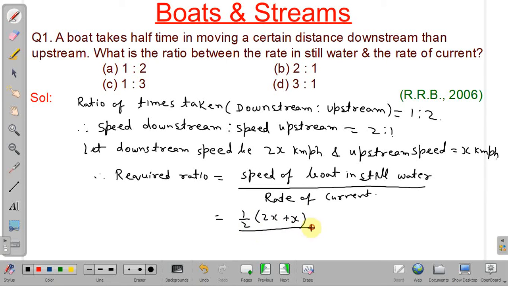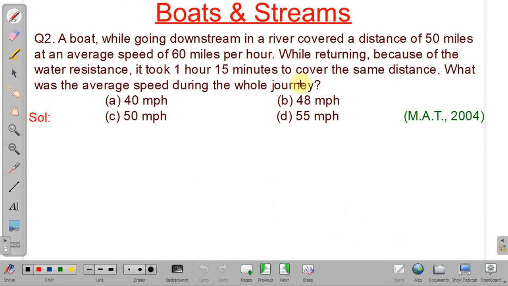And what will be rate of current? So this will be half into downstream speed minus upstream speed, so 2x minus x. Okay. So it will be, see, half will get cancelled out. So 3x divided by x, or 3 by 1, that is 3 ratio 1. So our answer will be option number D. We will discuss next problem.